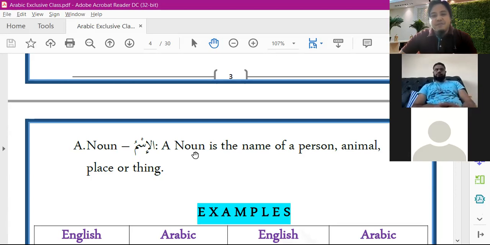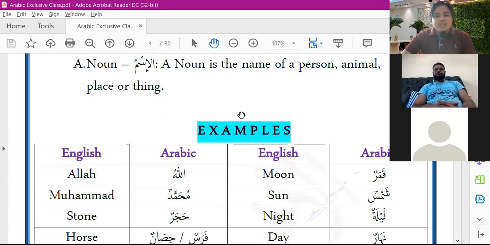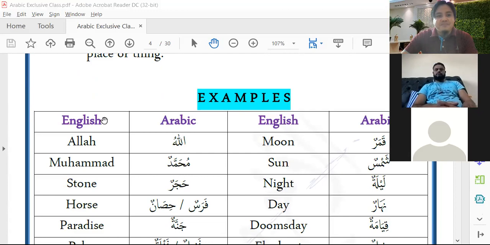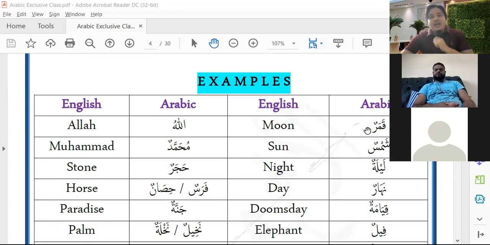So now what we are going to do is collect vocabulary from English, then try to translate it into Arabic. I gave you here some examples of nouns, translated into Arabic.